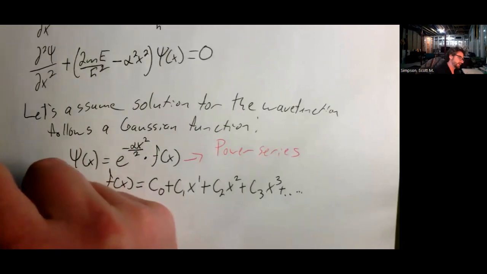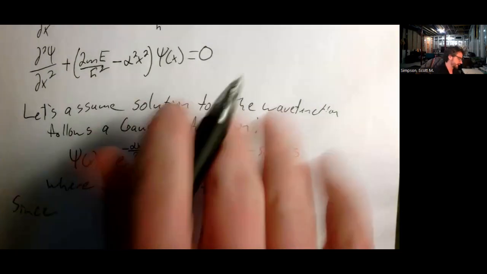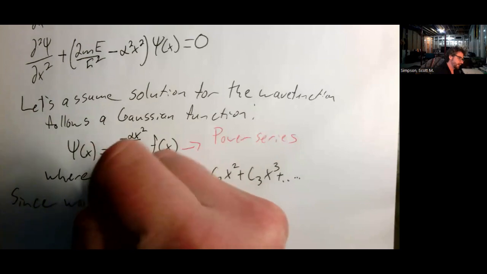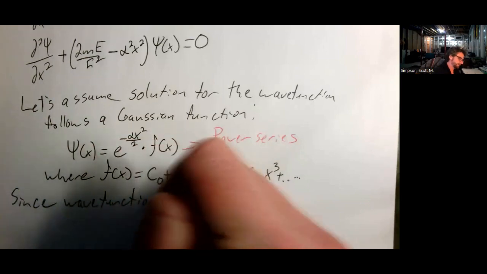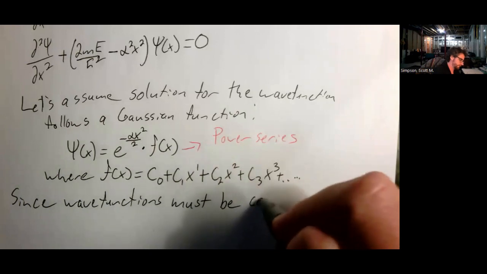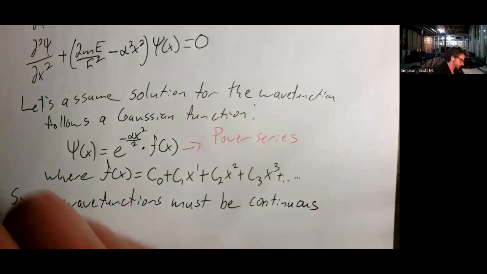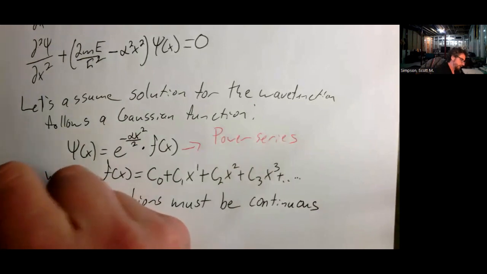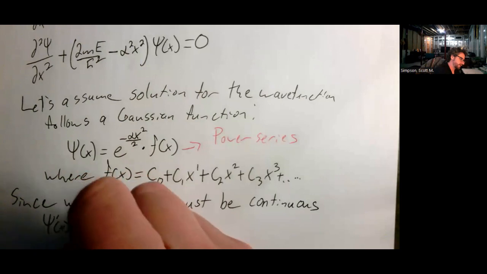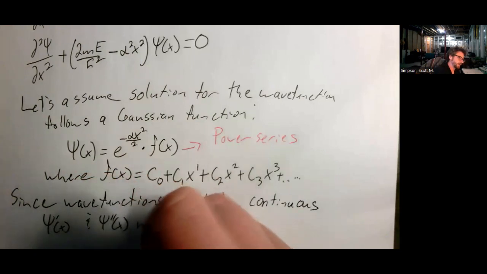So since we have that requirement from the postulates of quantum mechanics, the wave function must be continuous. The first derivative and second derivative must also be continuous.